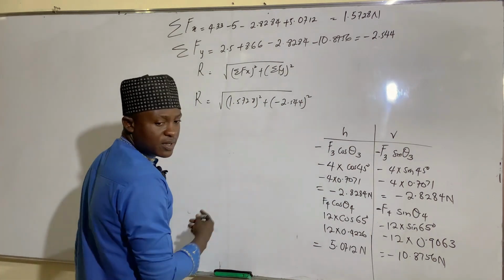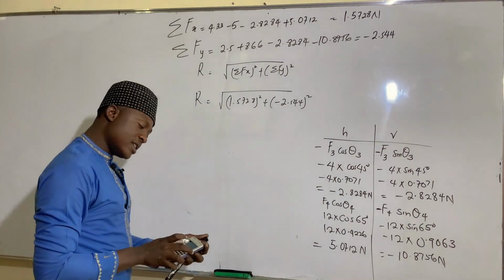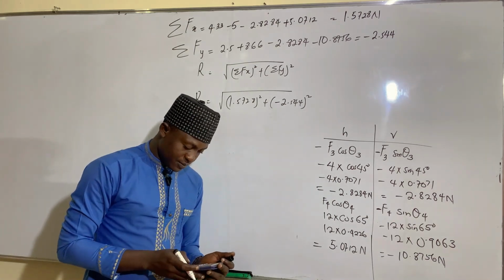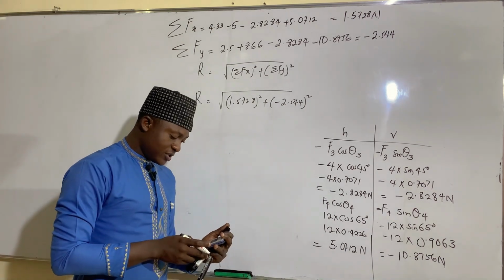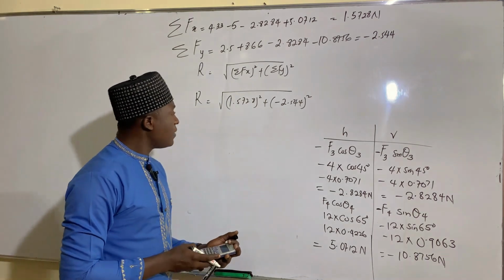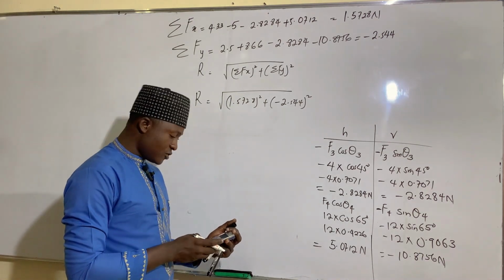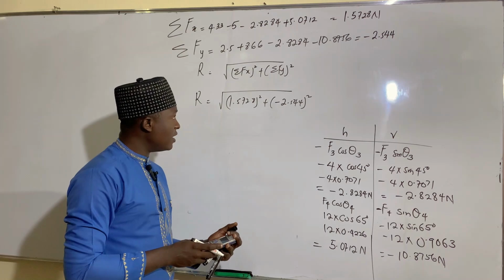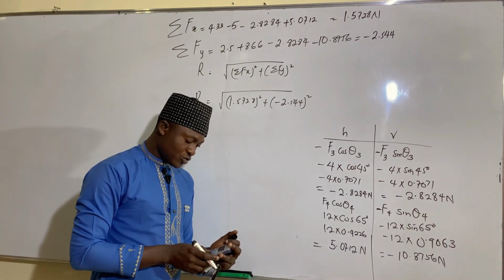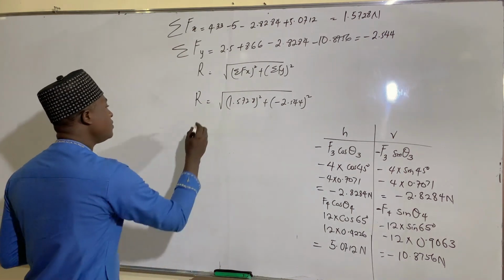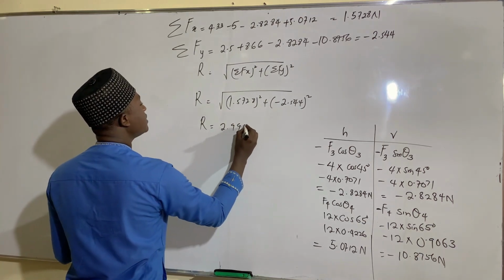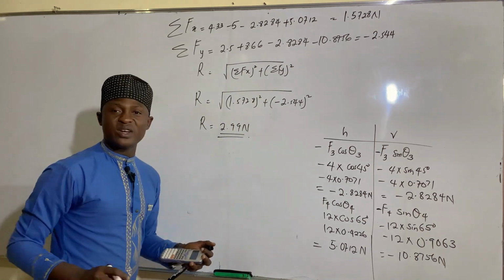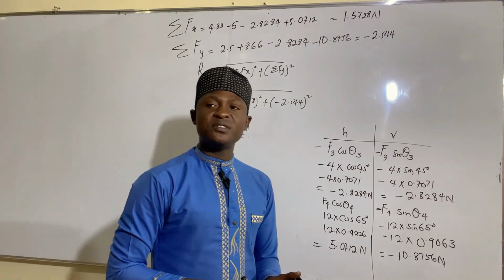So just square them and find the square root. If you do that, your resultant should be 2.99 Newton. That's our resultant. You can see that it's very simple and straightforward to solve.